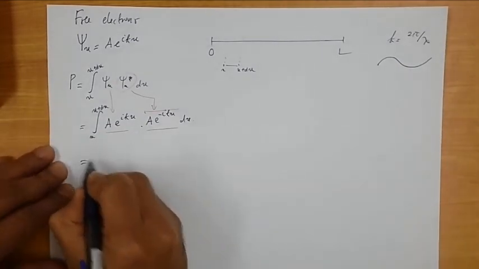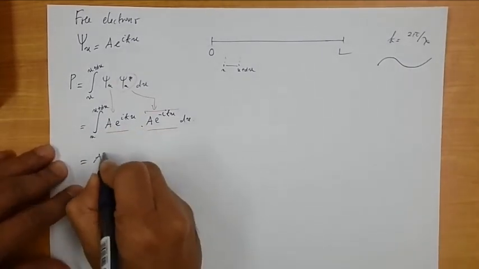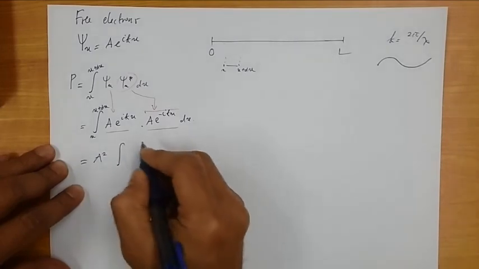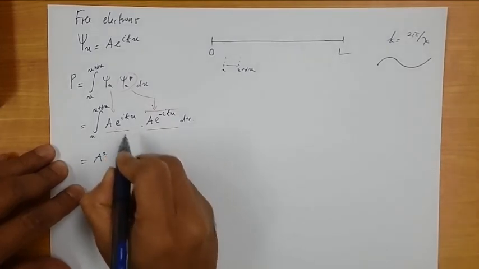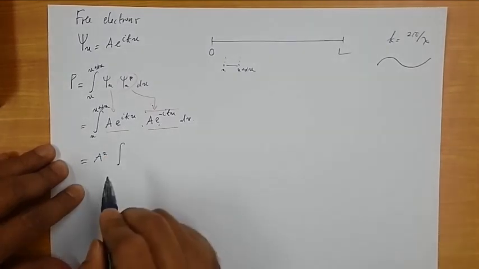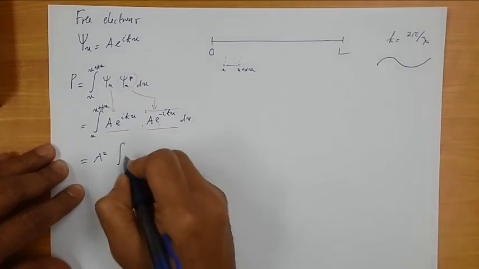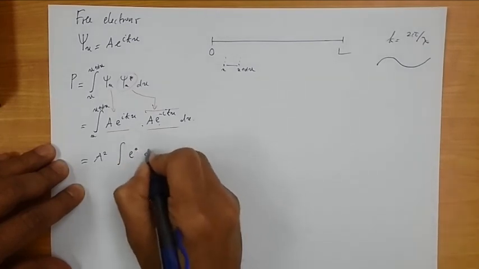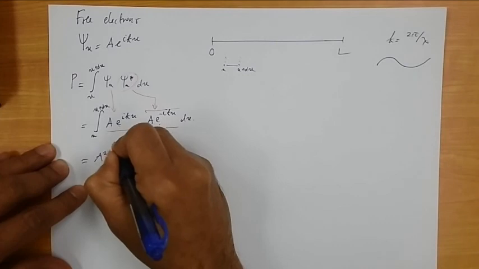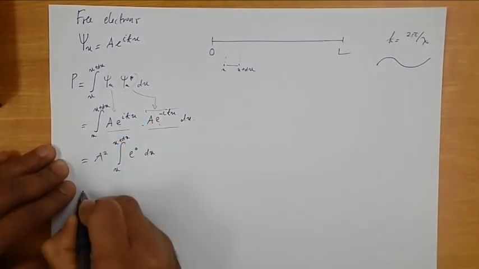The product of this multiplication would be A squared, a constant, and the product of the exponents would be e to the power of 0, dx, from x to x plus dx.